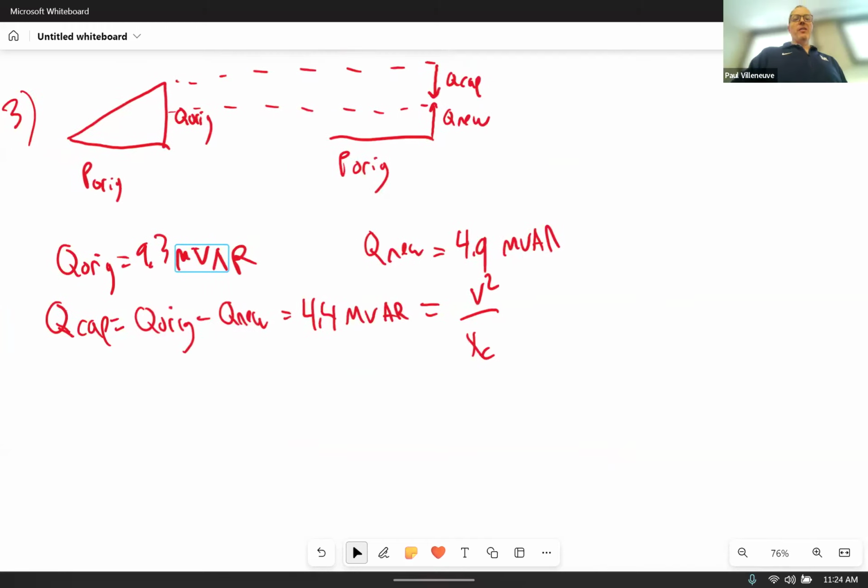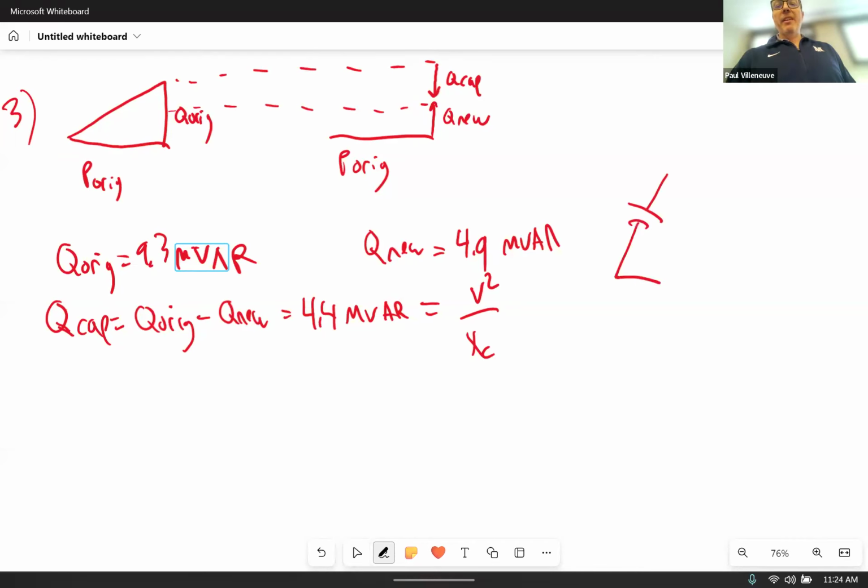Well, first, let's draw a picture. What do you want the cap bank to look like, delta or Y? That does make a difference, right? I did delta mainly because my voltage is the highest in a delta, but you could have done a Y.